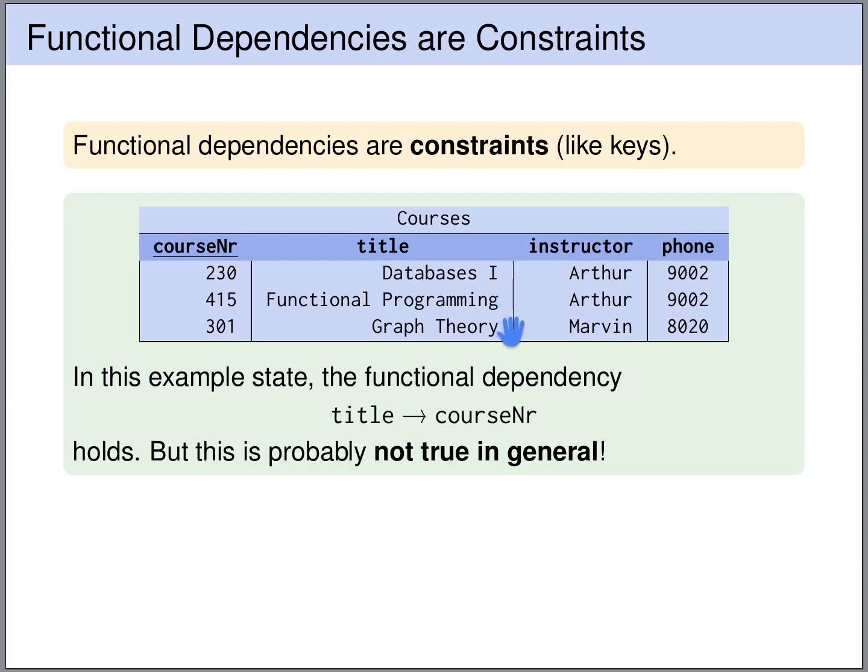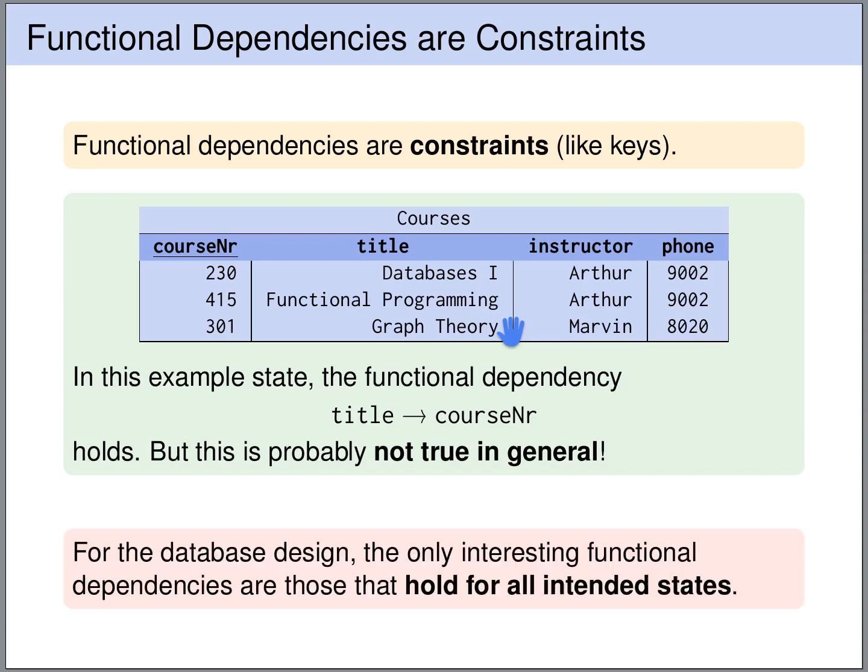However, in general, this will not be true. So this is not true in all intended database states. As a designer of databases, we are only interested in those functional dependencies that hold for all intended database states.